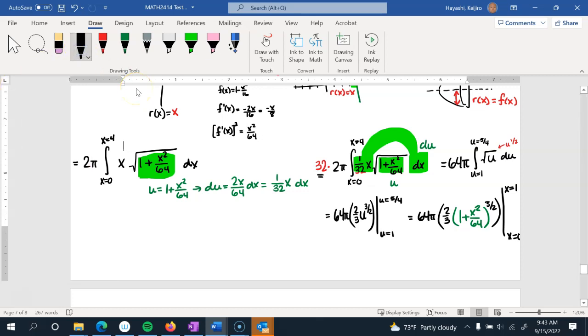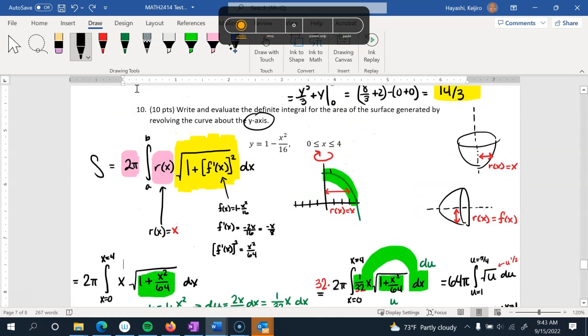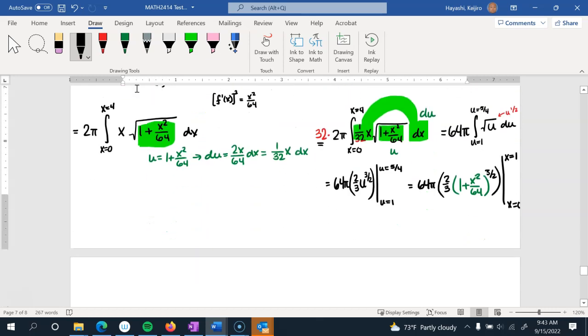I'm sorry, I missed a step. Why did you go from 0 to 4 to 1 to 5/4? Oh, okay. So 0 to 4 are the bounds for x. x goes from 0 to 4, and that's just from here. Right, so in this u substitution that we use to integrate, u is 1 plus x squared over 64.